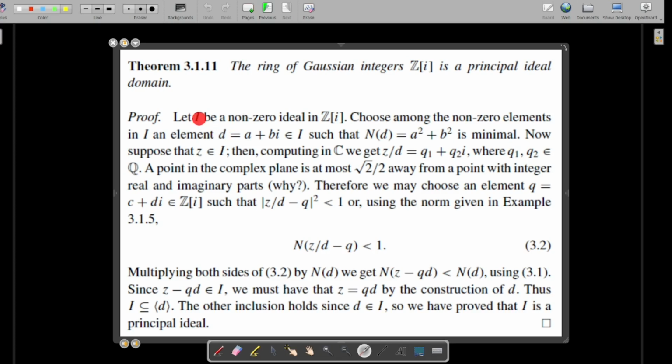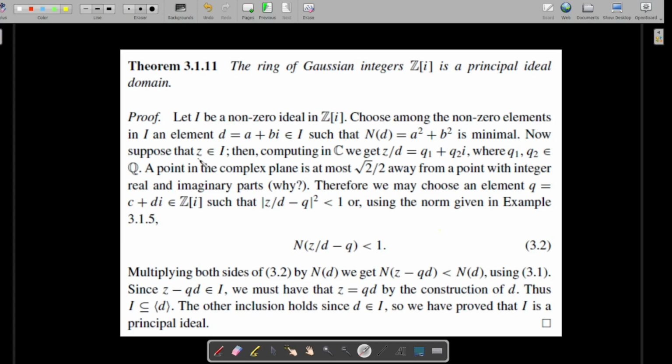How will you show that I is generated by this element? You have to take an arbitrary element of I, and show that this element z is a multiple of this d. Now suppose z belongs to I, and we compute in C, z by d. Here z is an element of the ideal I, and d is again an element of I having this property that the norm of d is minimal, and you are dividing z by d.